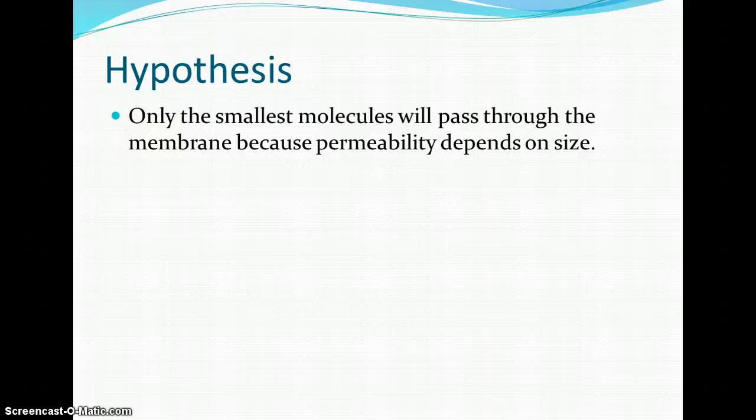Our hypothesis is that only the smallest molecules will be able to pass through the membrane, because permeability depends pretty much on size. So large macromolecules like starch and proteins shouldn't be able to cross the membrane through diffusion, at least, because they just wouldn't be able to squeeze through.